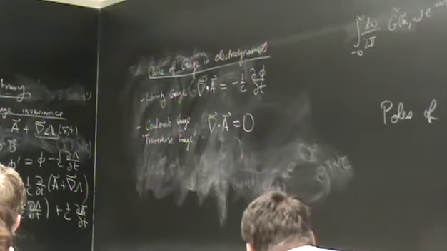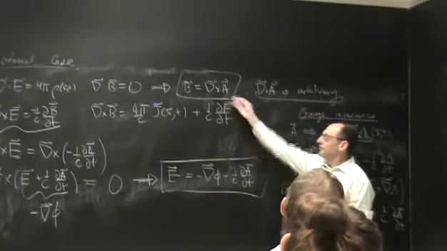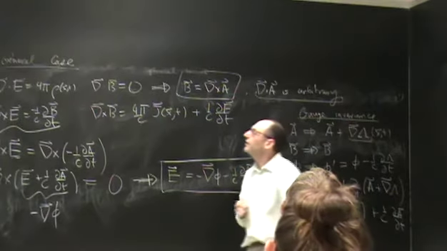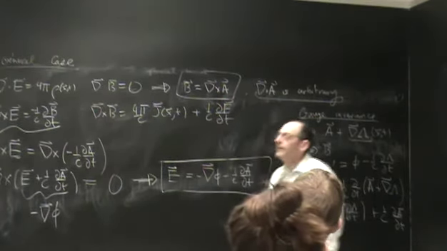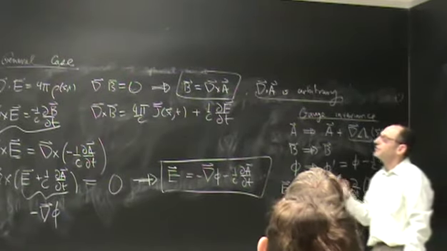All right. So we have the relationship now between the fields and the potentials. What we're ultimately after is how the sources produce the fields.